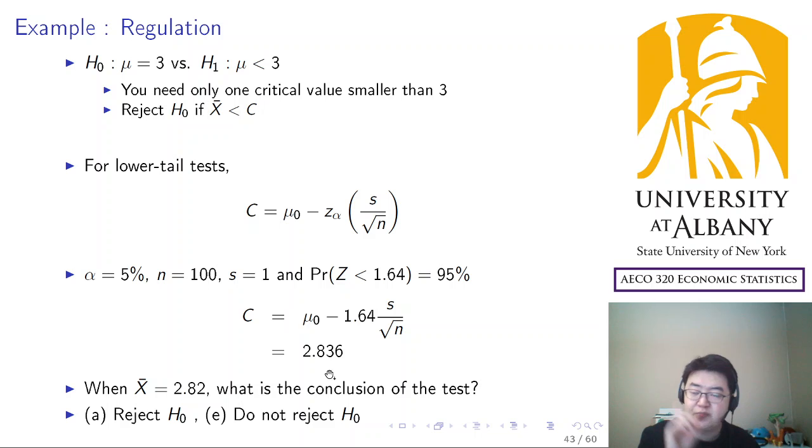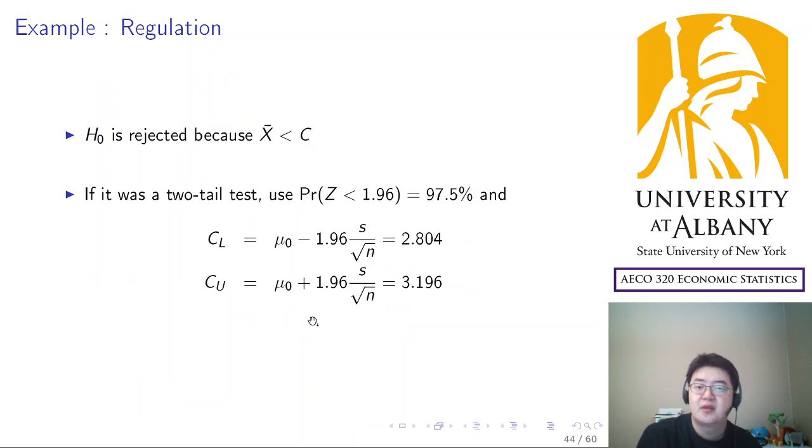You are rejecting the null hypothesis. And so don't be confused about the direction. Always you have to check if you are doing lower tail or upper tail. So rejection, in this case, lower tail test, we consider smaller than critical value. And compare with two-tail test.